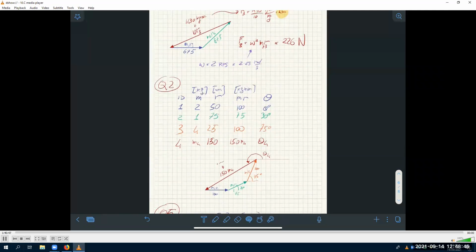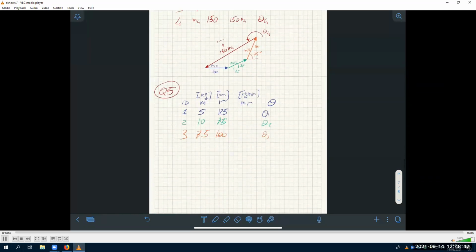Okay, so there you go, solved. You don't have 3 unknowns because one mass, you can always say this is my 0. And then you take theta 2 and theta 3 with respect to that. So this one is 0.